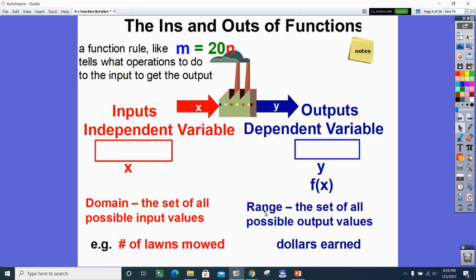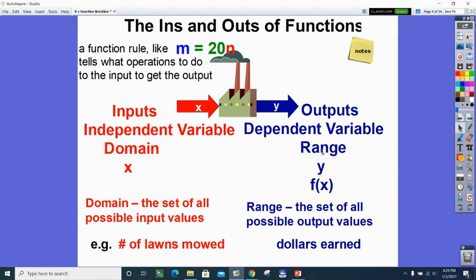One way that you can remember domain versus range is domain gets tied with your x variable and range gets tied with your y, and everything's kind of alphabetical. So x comes before y in the alphabet and D comes before R. So domain goes with your x, your input, your independent variable, and range goes with your y, your dependent variable, your outputs. These are just our words again of domain and range.